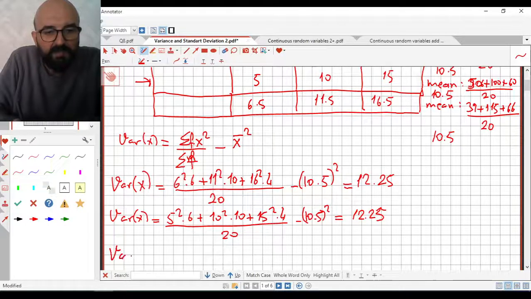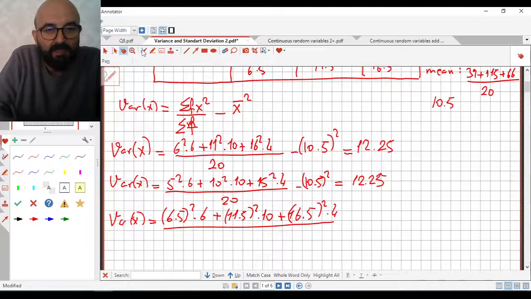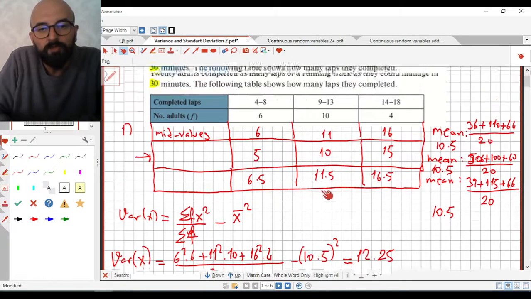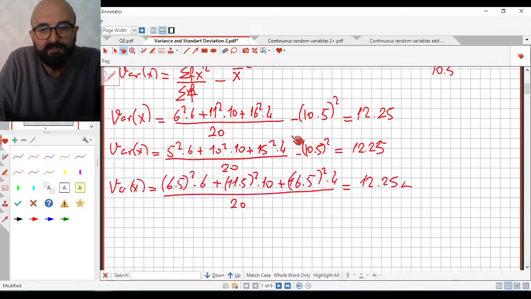And the variance for the last: 6.5 square multiply 6, and 11.5 square multiply 10, and 16.5 square multiply 4 over 20, it means 12.25. So if the same value is added or subtracted, it doesn't change the variance or standard deviation.